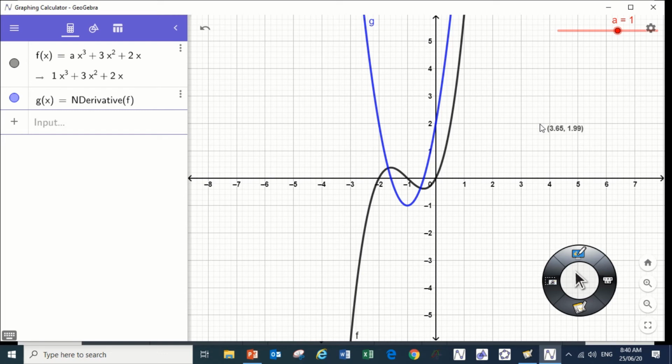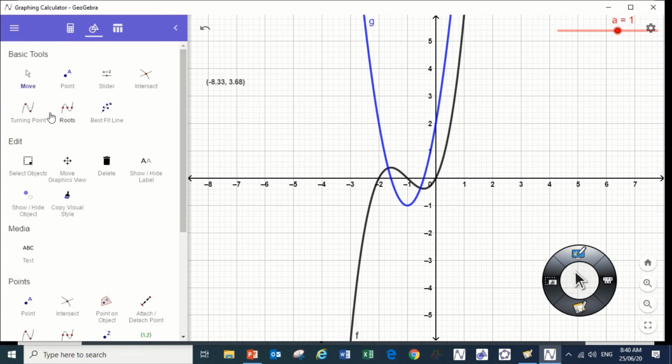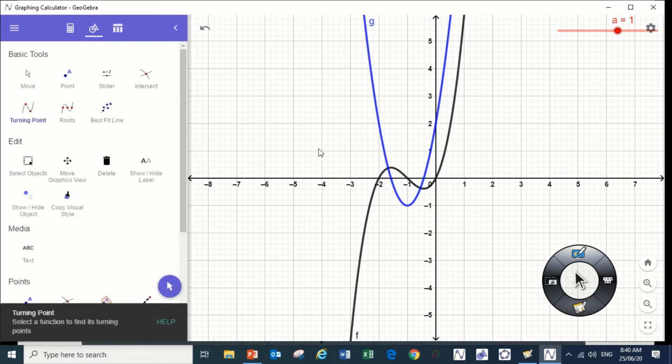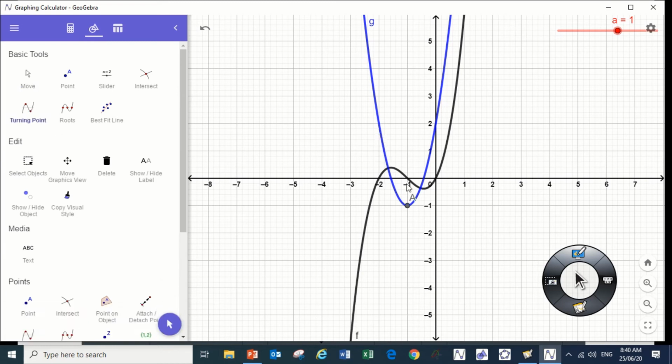Now, let me ask the computer to add the turning points of the graphs. Those are the turning points of the two graphs. So you have your minimum and maximum for the cubic graph. Now, your point of inflection.